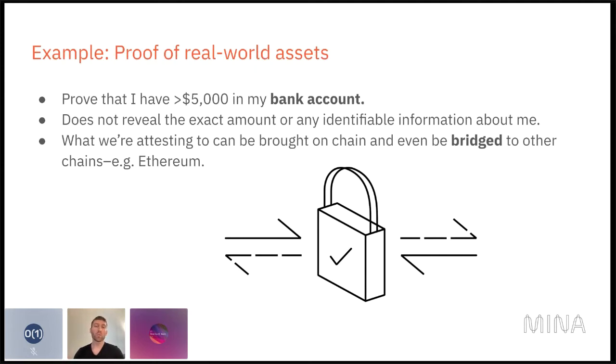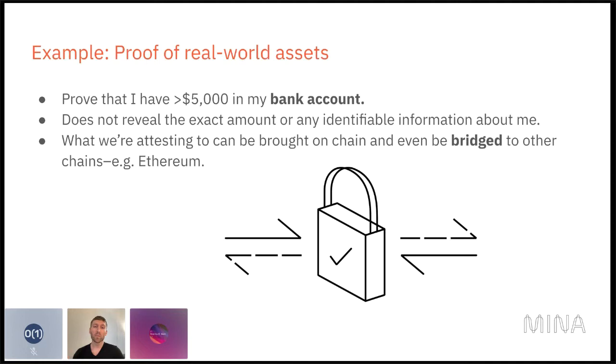The zkApp can run locally in your web browser, and then using the upcoming ZK Oracle, we can fetch data from different Web2 API data sources or websites, such as a bank API, and we could generate a zero-knowledge proof that says that, yes, in fact, I do have a bank account balance over that specified amount, but I don't have to reveal how much that is. And that zero-knowledge proof also doesn't contain personal information about me either.